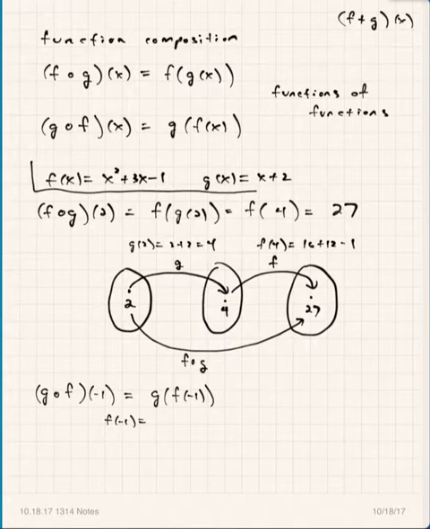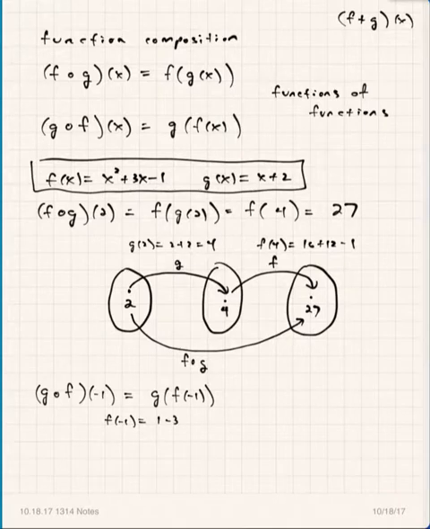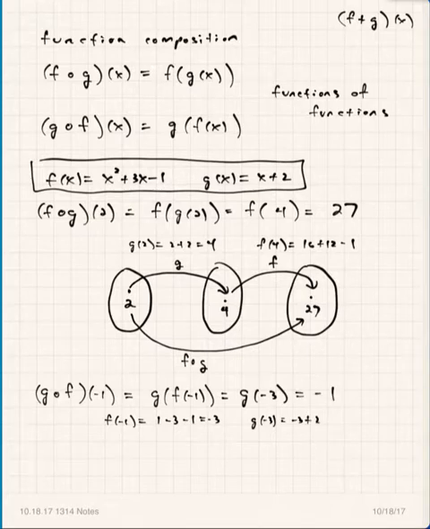I'm putting these in a box right here. So f of negative 1 would be 1 minus 3 minus 1, or negative 3. And so this is g of negative 3. And then I calculate g of negative 3. g of negative 3 is negative 3 plus 2, or negative 1. So g composed with f of negative 1 would be negative 1, as it turns out. You happen to get the same value back.